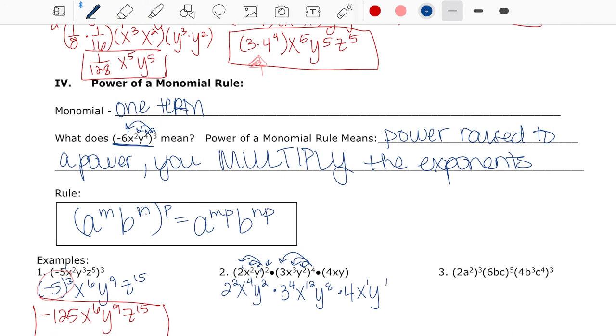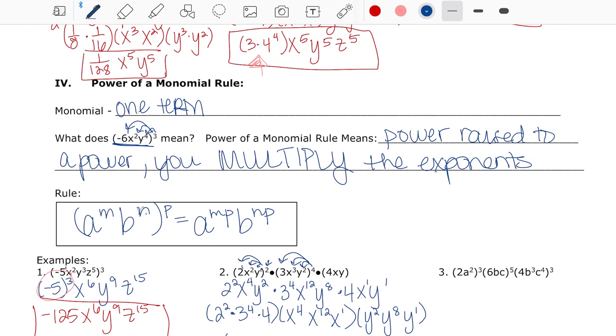So I'm going to regroup all my coefficients out front. So we get 2 squared times 3 to the 4th times 4. And then we'll group our like bases. So we have x to the 4th, x to the 12th, and then x to the 1st. Then we get y squared, y to the 8th, and y to the 1st. So I'm going to go ahead and leave those coefficients as is, just because I don't want to take the time to do that.